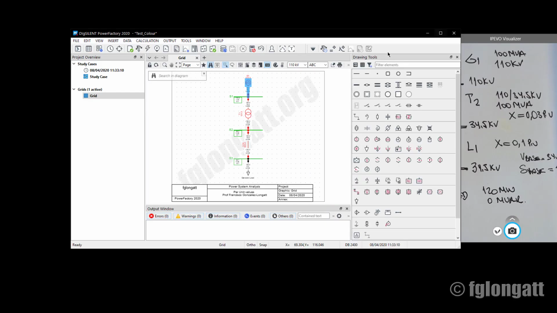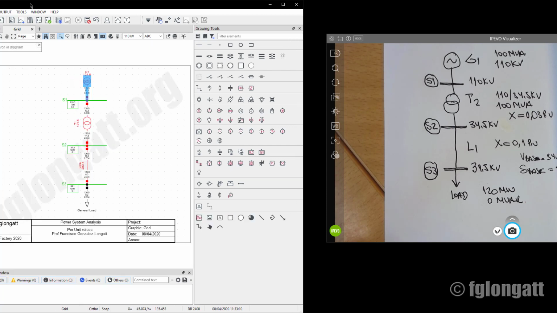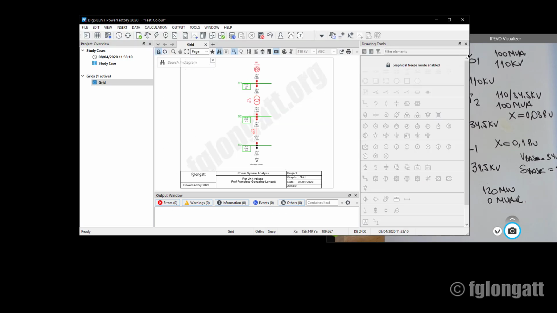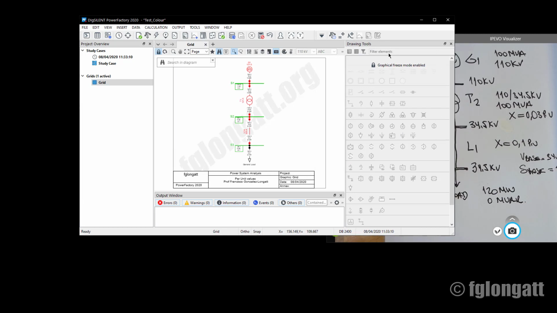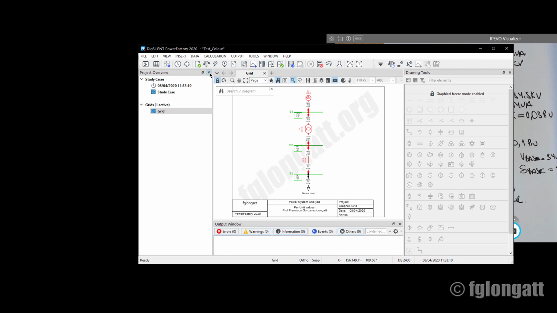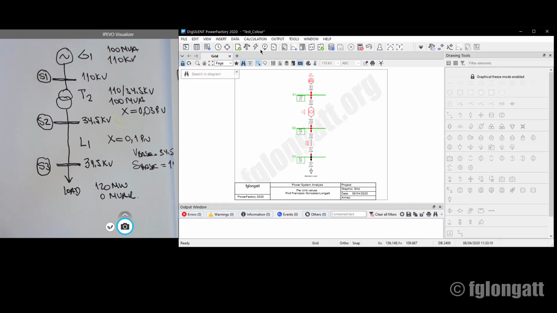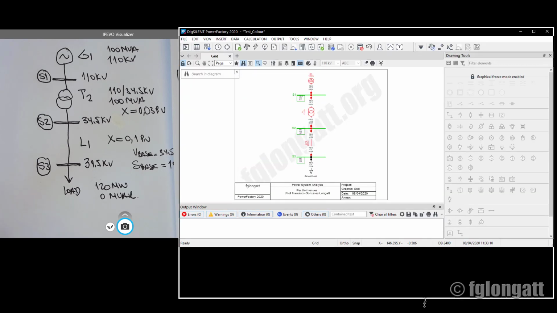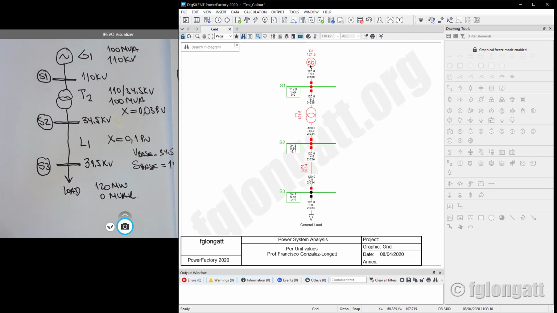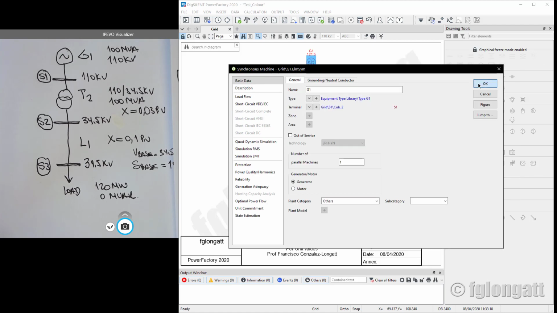Let me put those two things together. Okay, right now you are with me. Here I have 100 MVA, 110 kV, no problem.